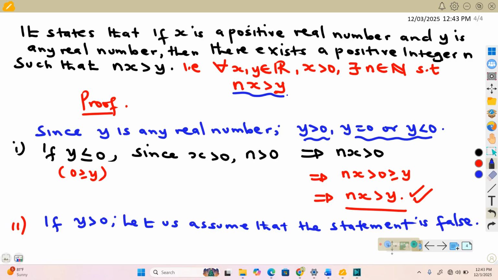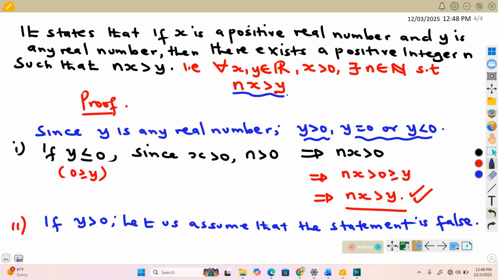So let us assume what happens. If the statement is false, because we are saying if y is greater than 0, let us assume that this statement is false. And our statement is that if x is greater than 0, there will exist n from the set of natural numbers such that this one is true.